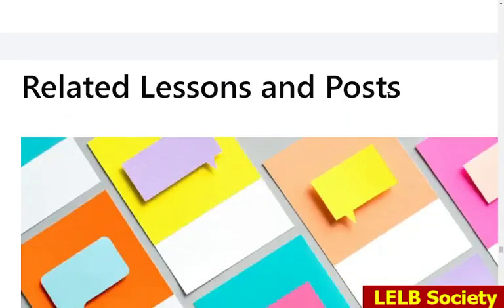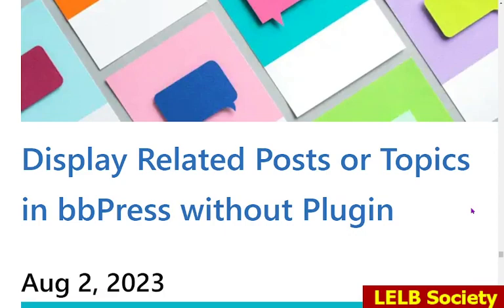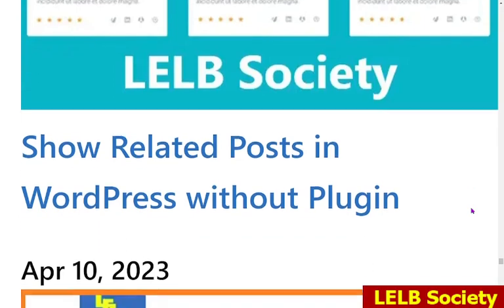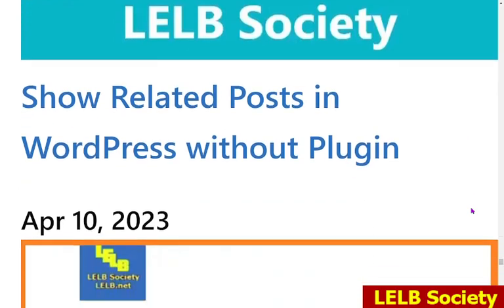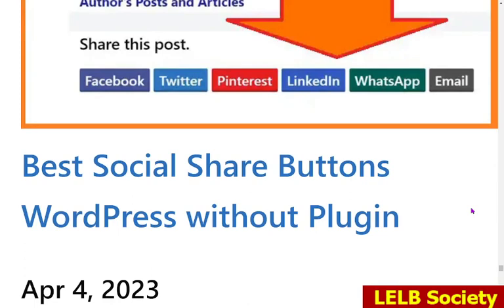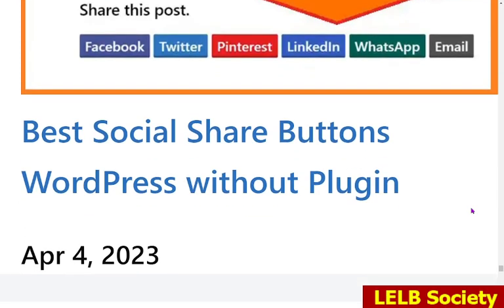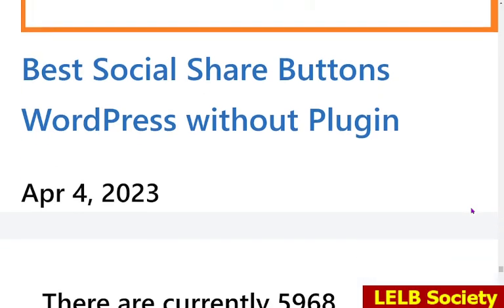And some related lessons: display related posts or topics in bbPress without plugin, show related posts in WordPress without plugin, and best social share buttons WordPress without plugin. As you can see, I have a tendency to avoid using so many plugins, and that's why my website at LELB.net is 100% optimized, both on GTmetrix and also on PageSpeed Insights.